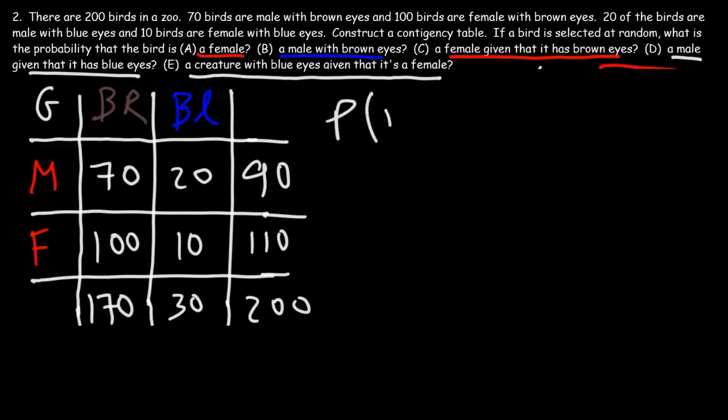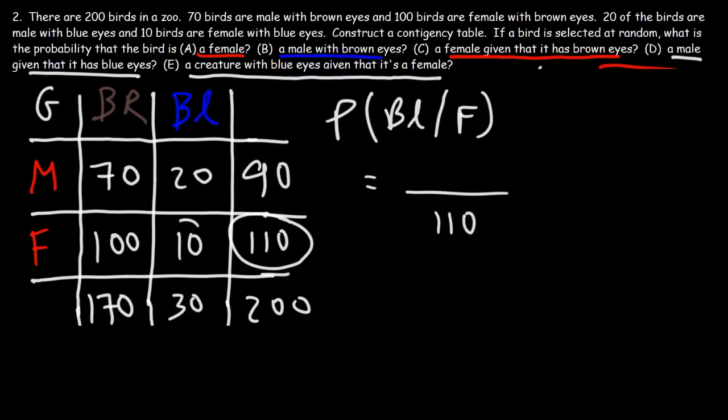So what's the probability of BL given F? So how much of BL is in F? So there is 110 female birds, 10 of which have blue eyes. So the probability is going to be 1 over 11.